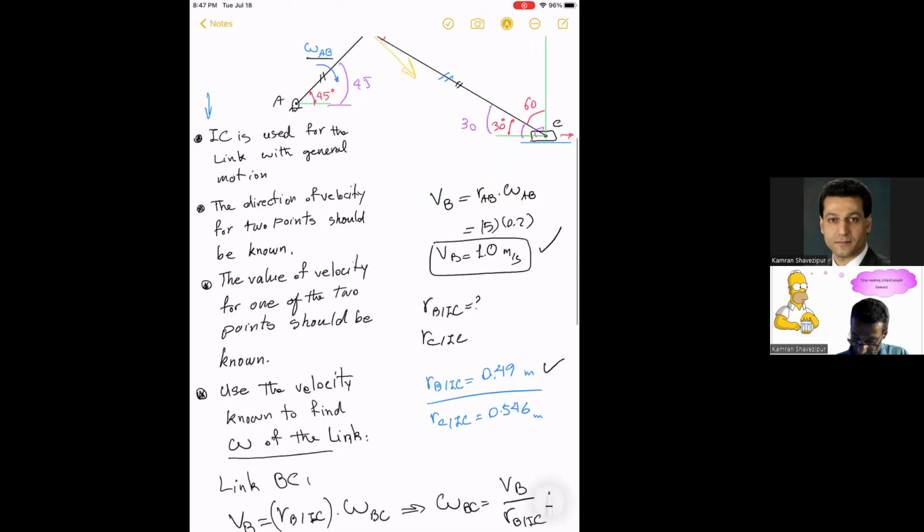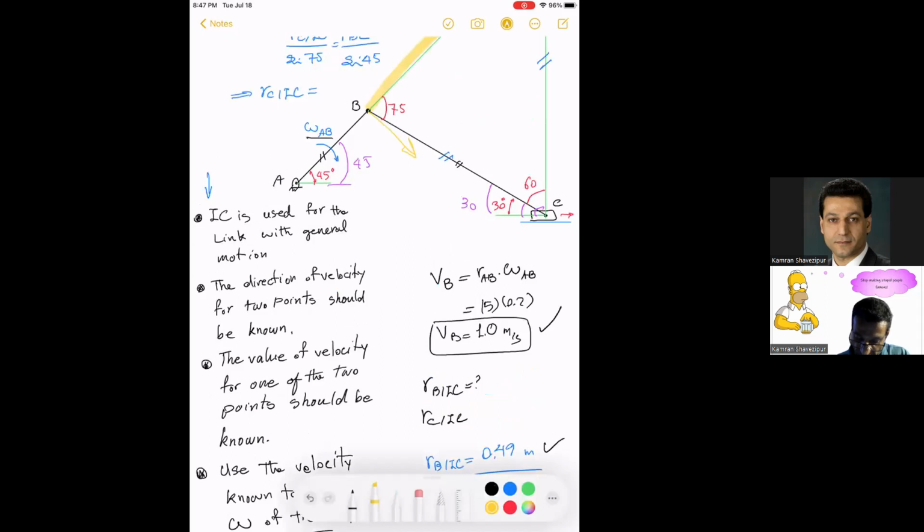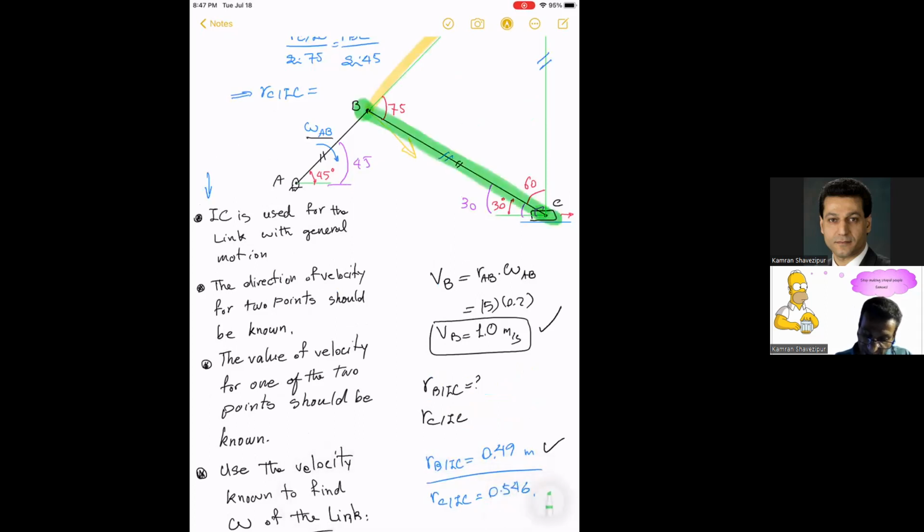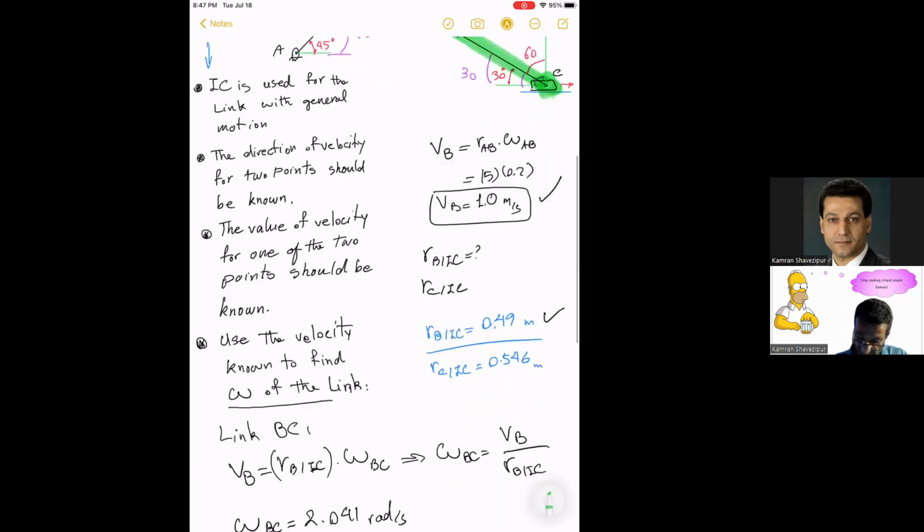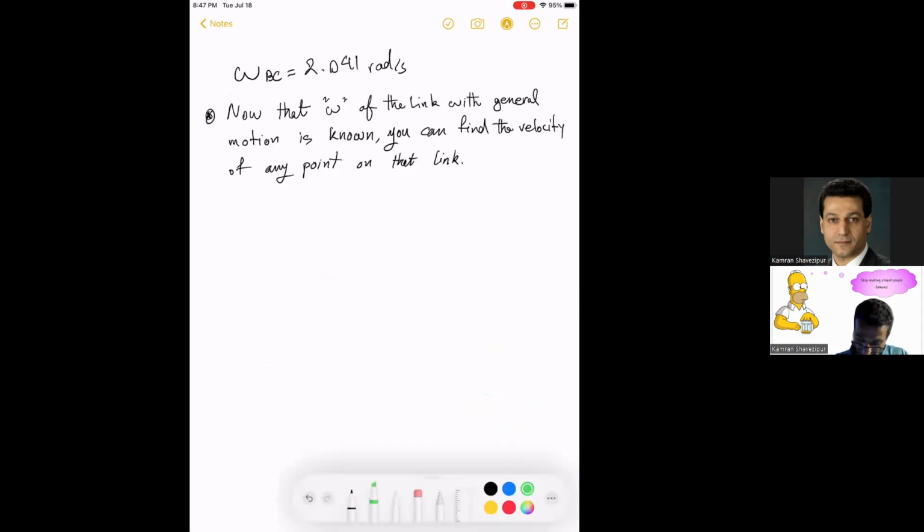And remember, if this is the link BC, both point B and point C belong to that link, right? So if I want to find velocity of C, VC is simply RCIC, the center of rotation from C, that's the radius, times omega BC. And if you substitute the numbers, VC is going to be 1.114 meter per second.